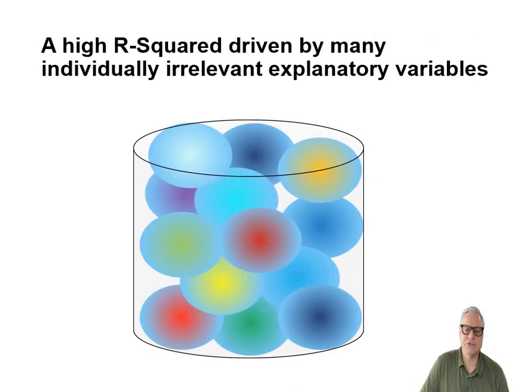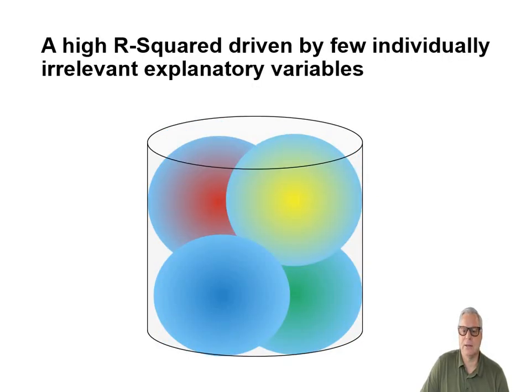Whereas in the previous example, if I remove one little pebble, it's barely noticeable. So that is a meaningful model in terms of the pebbles and rocks filling up the bucket analogy.